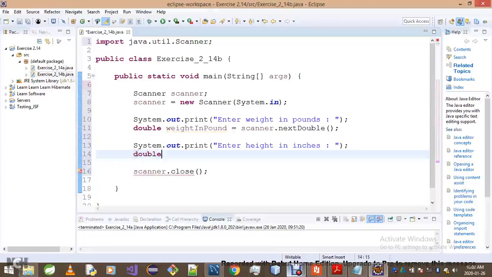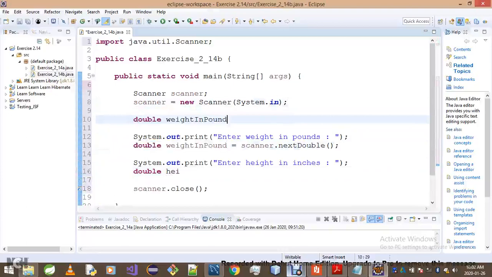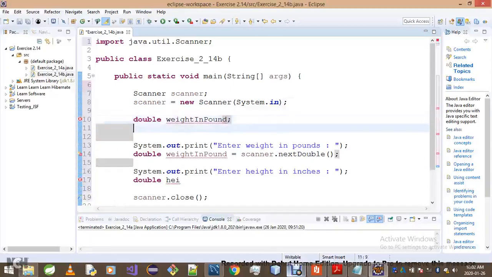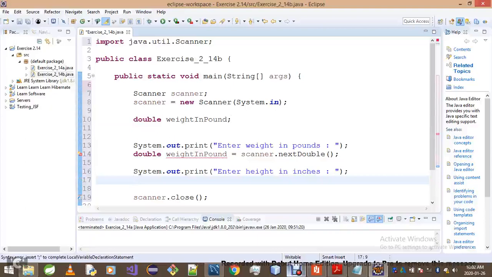Double height. Oh, let me do it this way this time. Let me delete that. And also delete this too, because you cannot declare one variable twice.